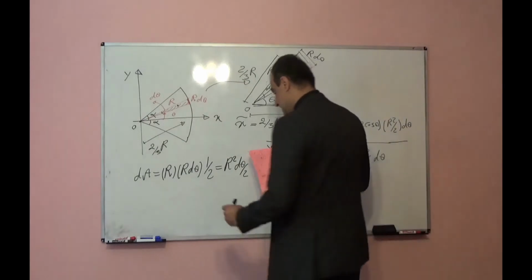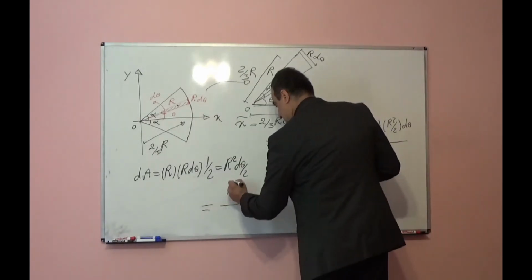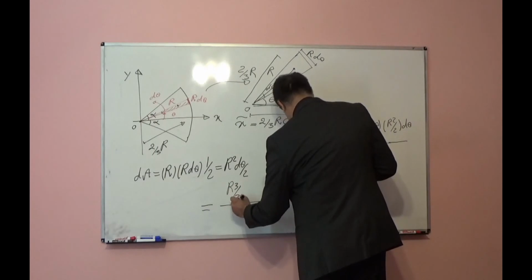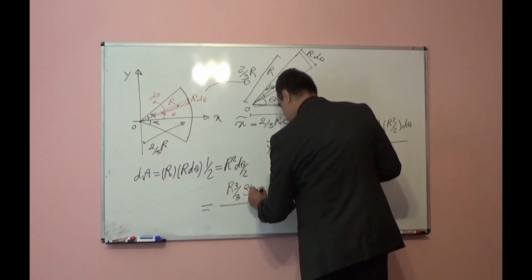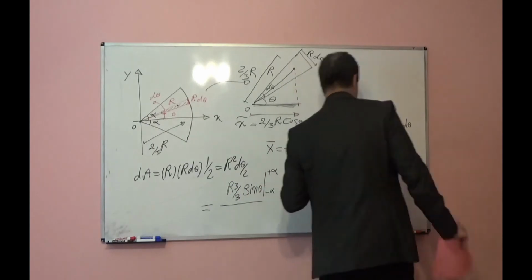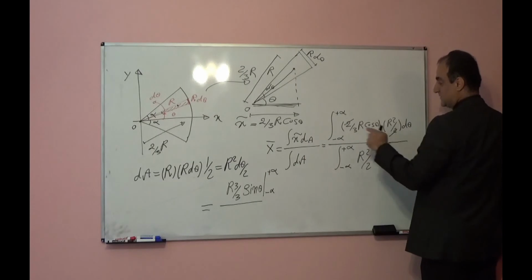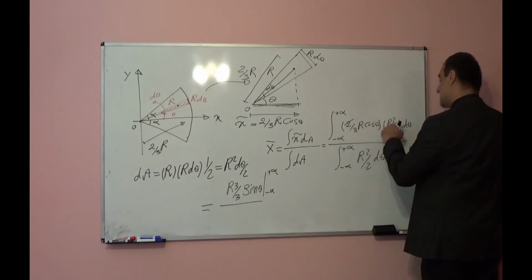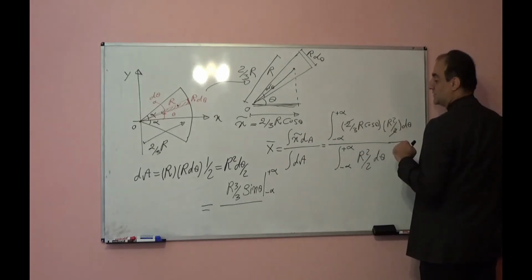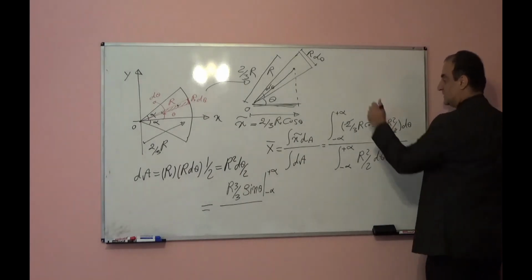If I integrate, I will end up with r cubed over 3 sine theta from negative alpha to positive alpha, because these two will cancel out. This will be 1 over 3 r times r squared, it will be r cubed. So r cubed over 3 I can pull out of integration.